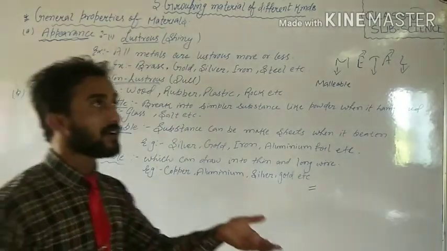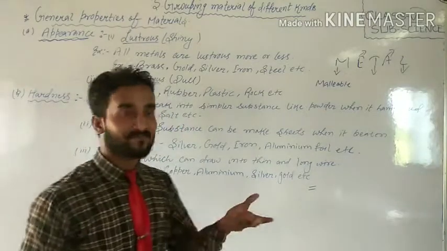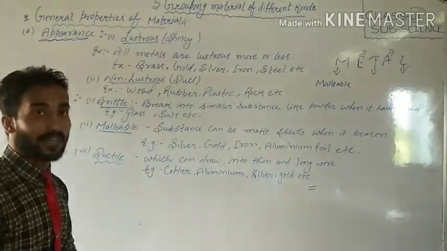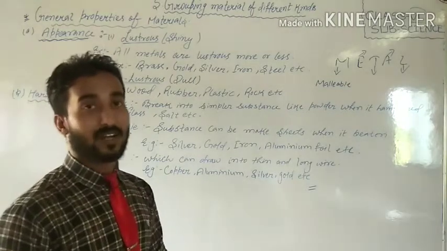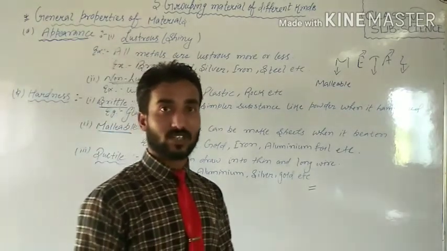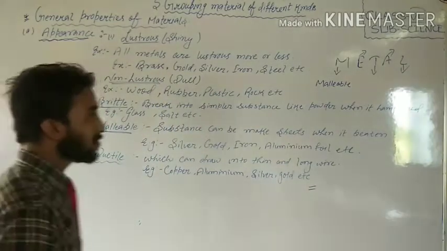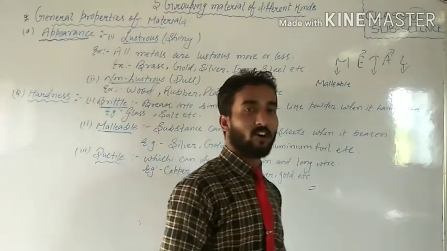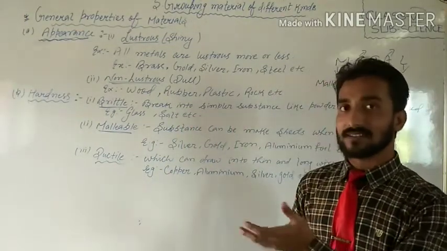As examples, rubber, plastic, rock, wood are all objects which cannot shine. Okay, students. Now, proceeding with sorting, the next topic is hardness.